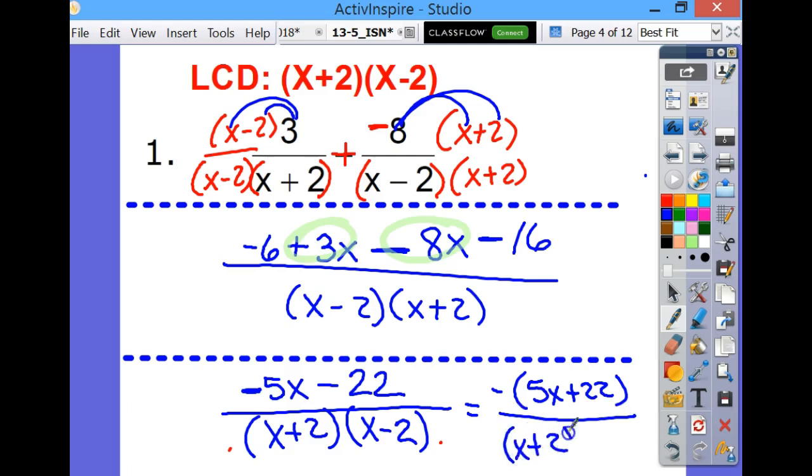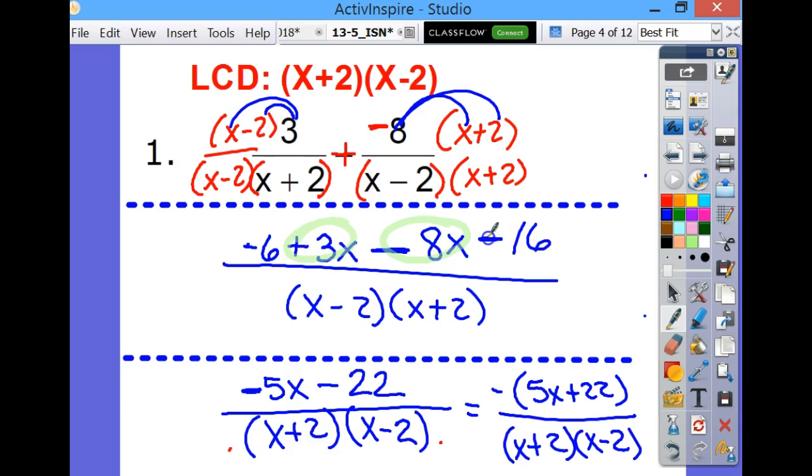You do not have to do that, but you can if you want to. Okay, this is a -22 because that was a -6 and a -16, and I'm combining like terms.